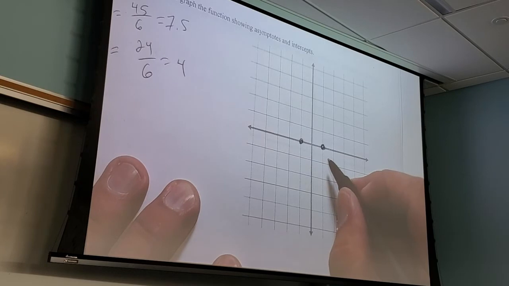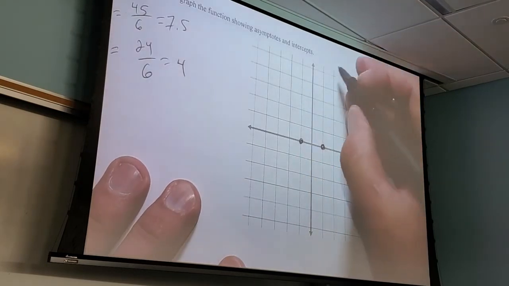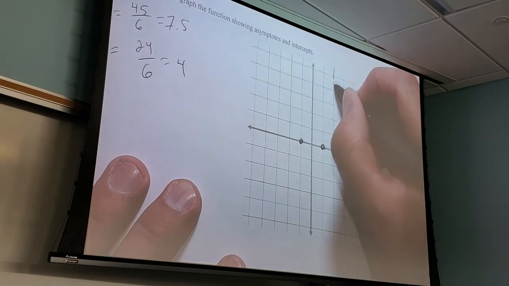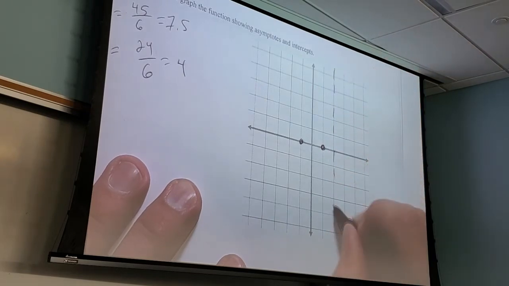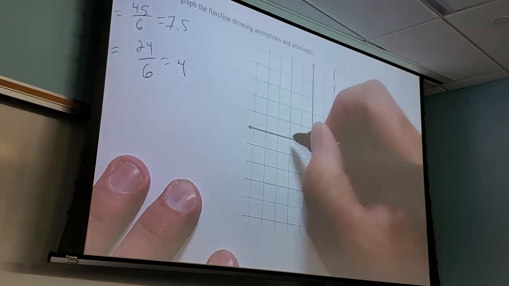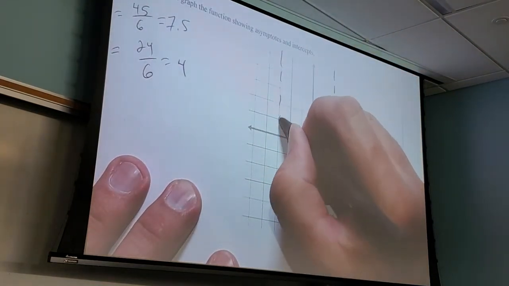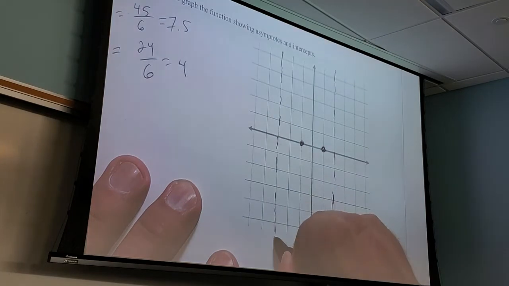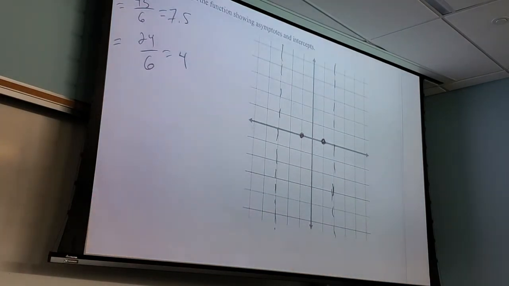We've got, let's see what else we got. We have walls at x equals 2 and x equals negative 3. Cool.